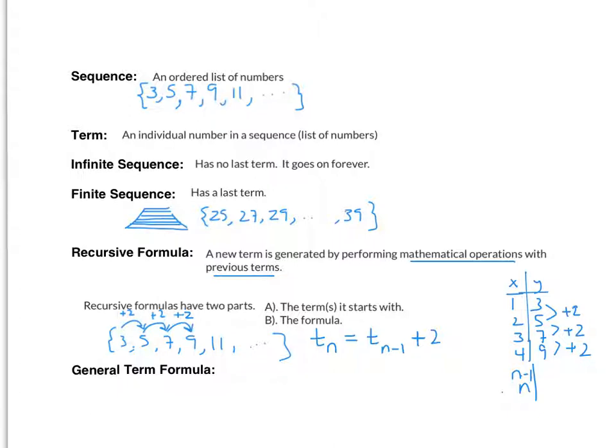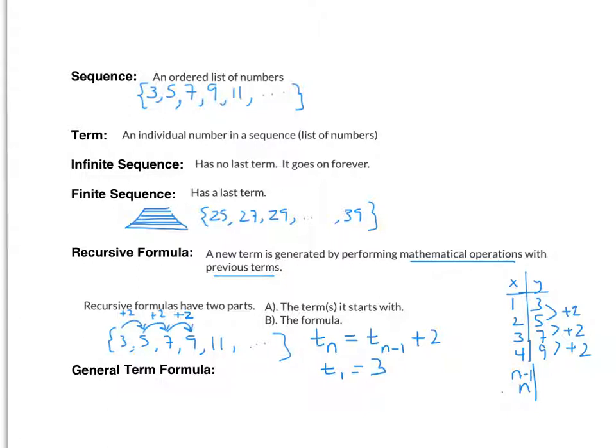Now, as I said, that's the formula piece, but you always have to plant the seed. You have to tell us what we're starting with. We know that term 1 has a value of 3, so there's my starting point. If term 1 is 3, then I can build term 2 by taking 3 and adding 2 to it. I can build term 3 by taking term 2 and adding 2 to it.